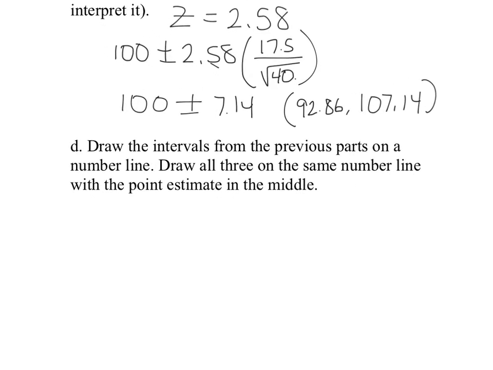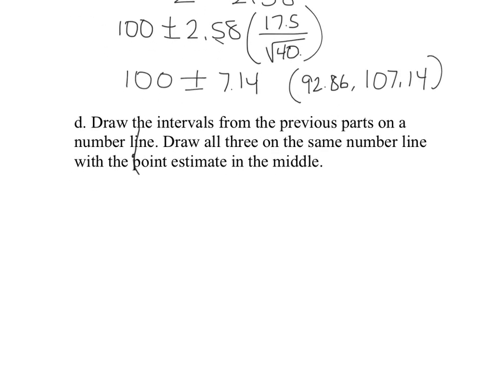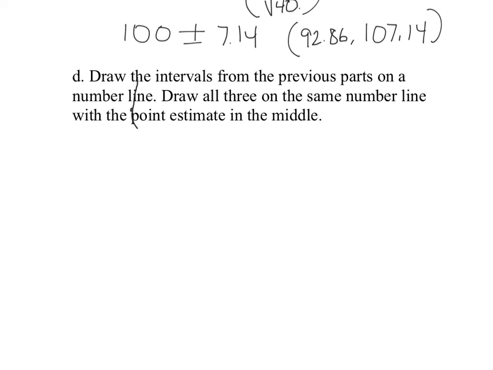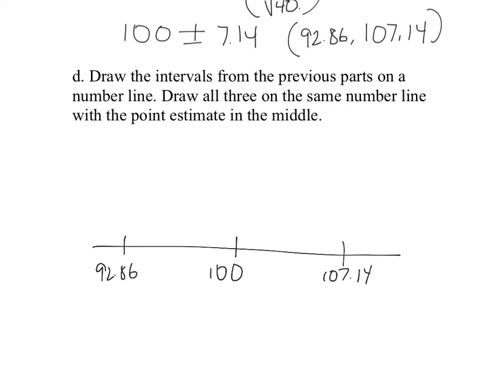Here it asks us to draw the three intervals from the previous parts on a number line. So here's our number line. We'll start right in the middle with 100, our sample mean. Our largest interval, the 99%, goes from 92.86 through 107.14.